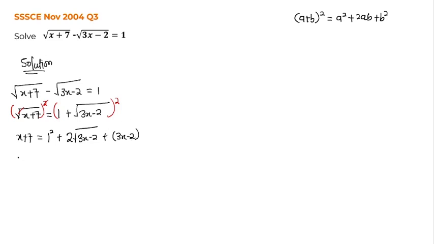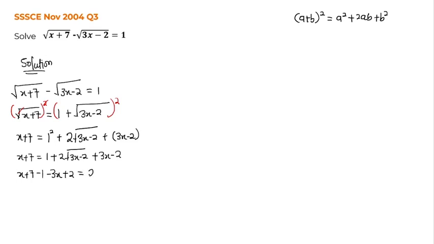Alright, so from here I have x plus 7 is equal to 1 plus 2 root 3x minus 2 plus 3x minus 2. So I have here x plus 7. I send the positive 1 over here to the other side, becomes minus 1. I send the 3x to the other side, becomes minus 3x. I send the negative 2 to the other side, becomes positive 2.